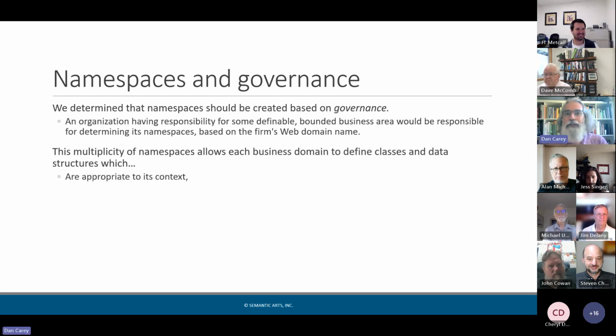So this has led to a lot of namespaces that allows each domain to define the classes and the data structures that are appropriate to them. If you've got two classes that have the same name, but they're in different namespaces, then you can change the formal definitions of those.